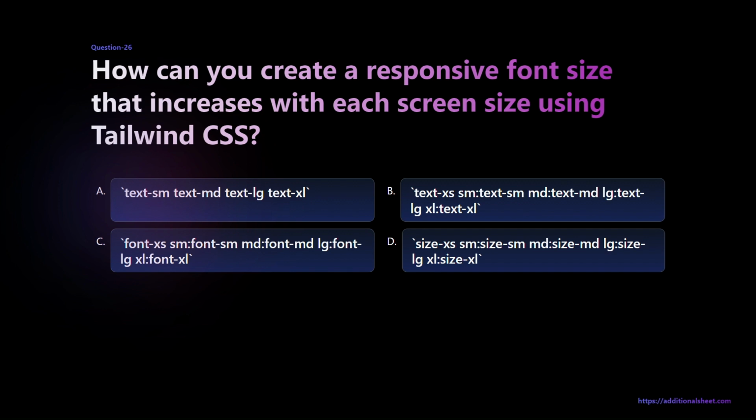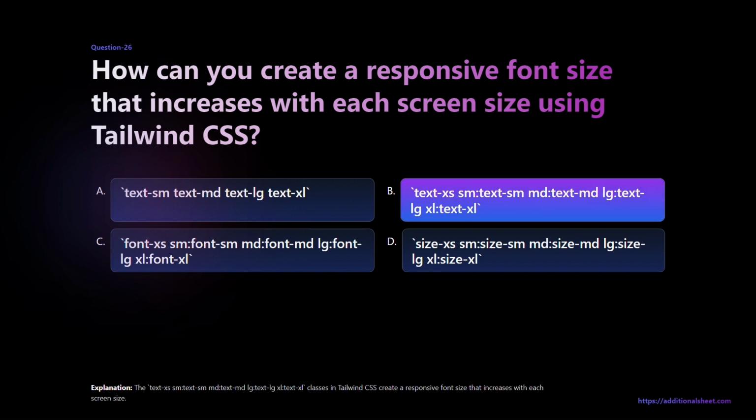Option D, size XS SM size SM MD size MD LG size LG XL size XL. The correct answer is option B, text XS SM text SM MD text MD LG text LG XL text XL.